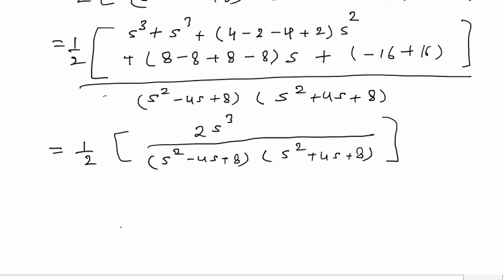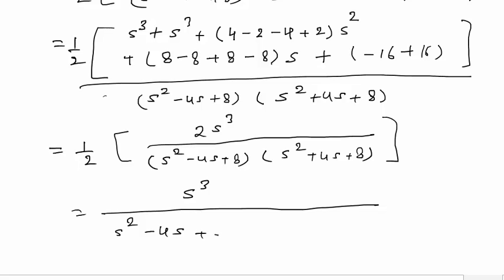So finally the result will be, this 2 and 2 will cancel, s cube divided by (s square minus 4s plus 8) and (s square plus 4s plus 8). This is the Laplace transform of cos hyperbolic 2t into cos 2t.